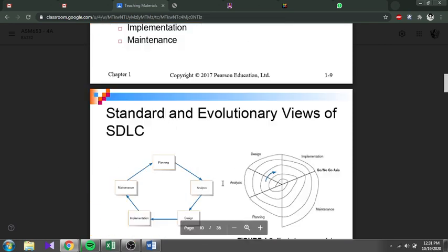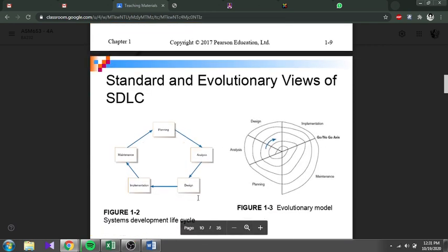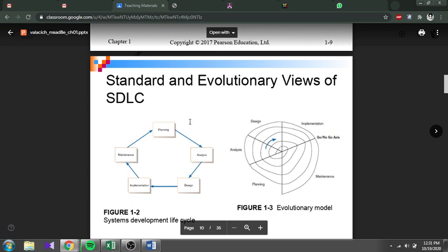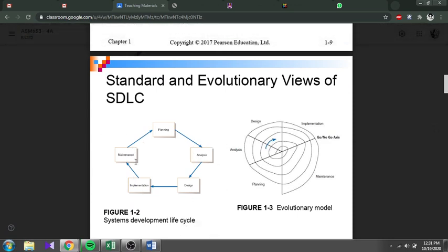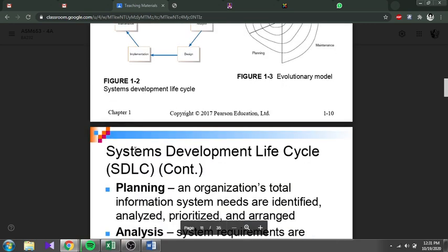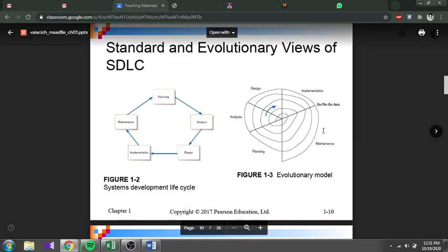So it goes like a circle. Even if they want to migrate to a new system, they will do planning first, then analysis, design, implementation, and maintenance. This is like an evolutionary model.